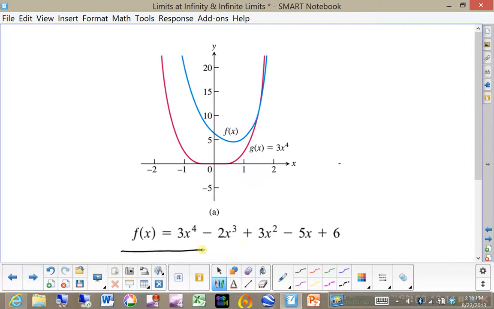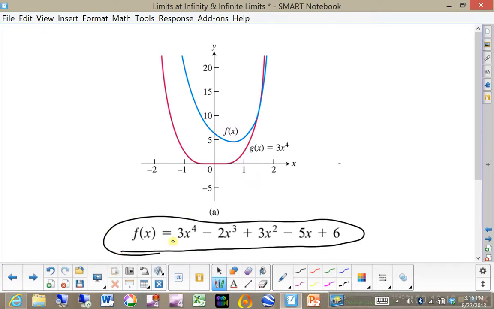First of all, we have a fourth order polynomial with several terms, with the largest exponent term being 3x to the fourth, and we have a g of x equal to 3x to the fourth. And obviously both of these polynomials are dominated by the same term. They're identical. So as x gets larger and larger, you would expect there to be no difference between the graph of g of x and f of x.